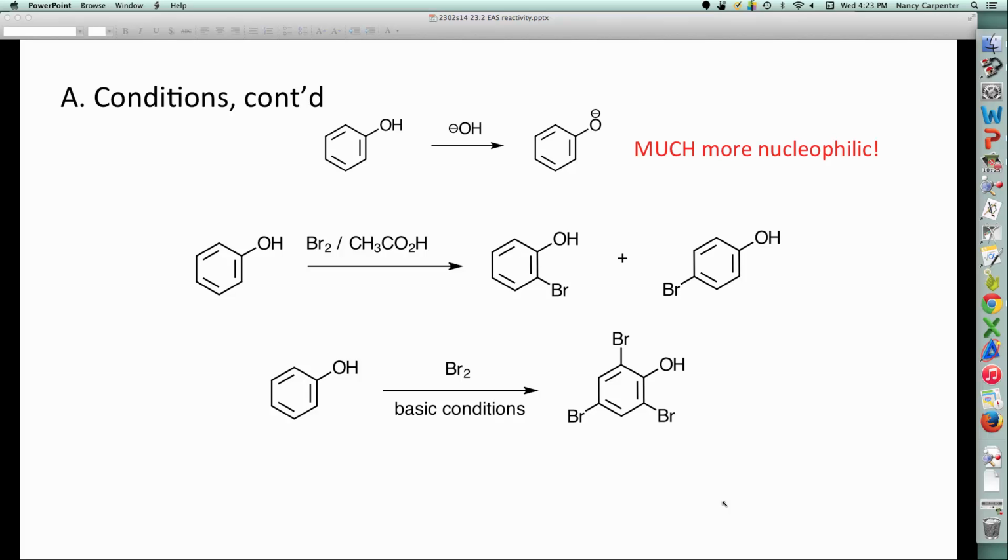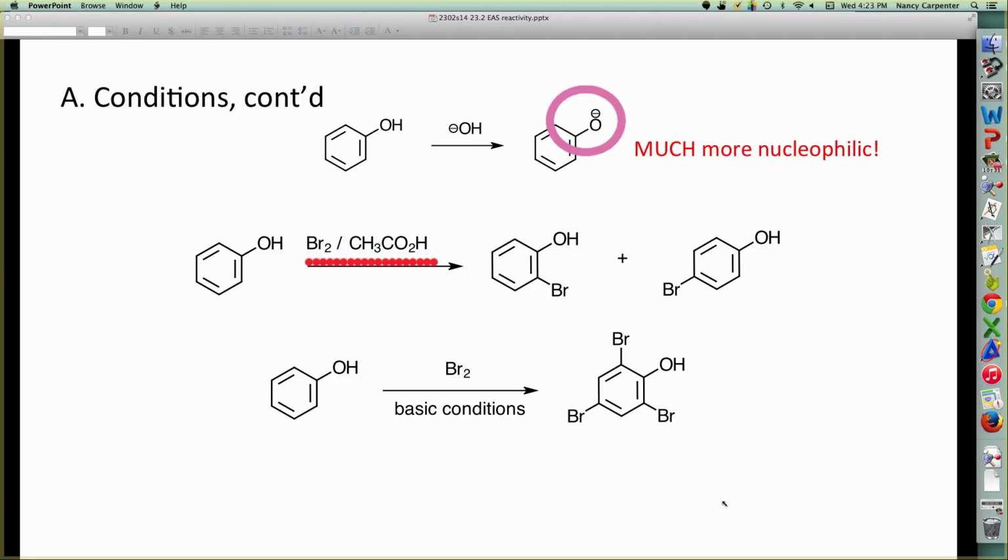Okay, well, how about phenol? Well, if I run electrophilic aromatic substitution under basic conditions, what happens first is, boom, I deprotonate my phenol and I make this a super rich aromatic ring. So under neutral or acidic conditions, no problem. I can monobrominate my phenol and get my ortho-para substituents, no problem.